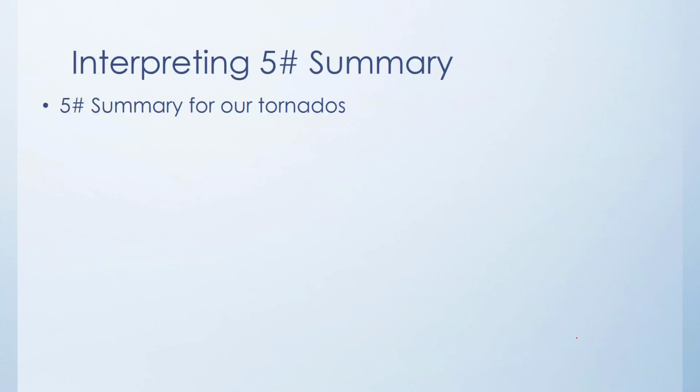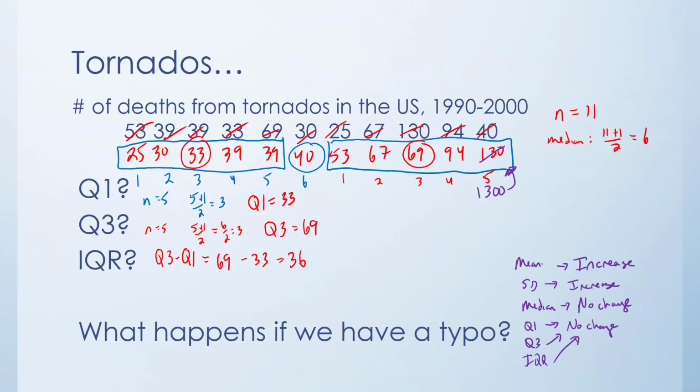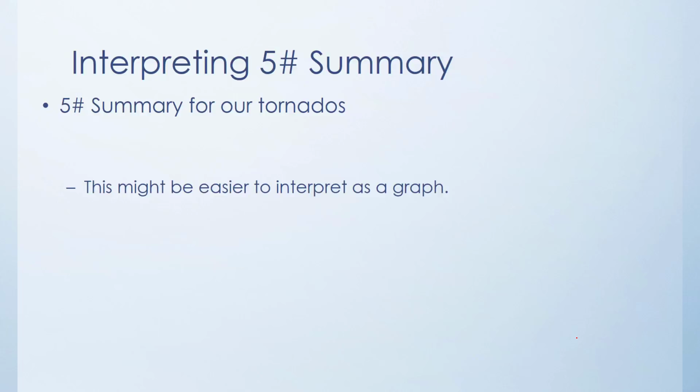All right, so let's look at our 5-number summary here. Sorry. So our 5-number summary, let's see, we had 25, 33, 40, 69, and going back to the original data, 130. Looking at our distribution here, it might actually be easier to interpret as a graph.